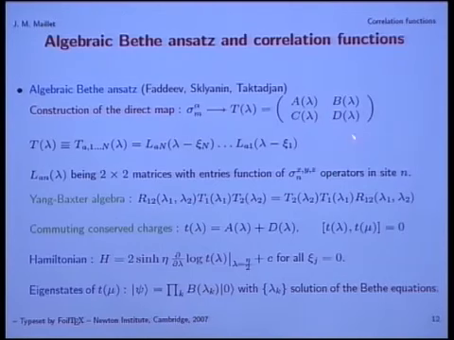It's a set of 4 operators depending on the continuum spectral parameter lambda. Those objects are constructed by means of an ordered product of 2 by 2 matrices, which are the quantum Lax matrices. These quantum Lax matrices have entries which are simply the sigma operators on site n. So if you take the matrix L in this product at position n, its entries are given as simple functions of the spin operators on site n.